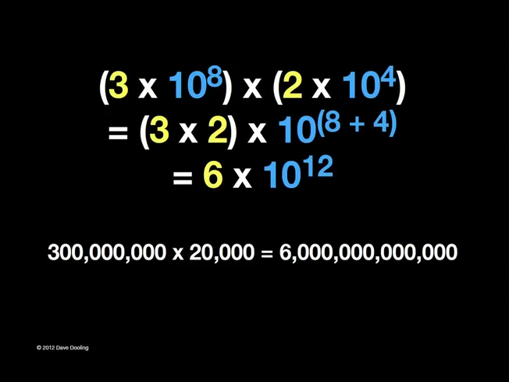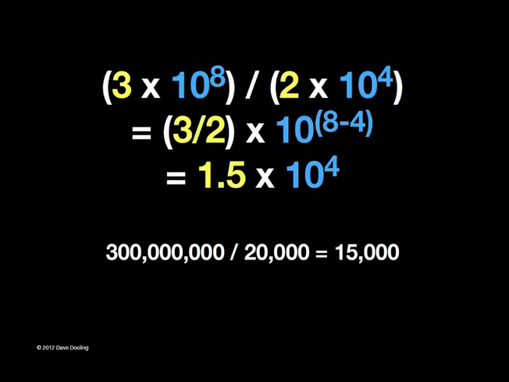You can multiply and divide with orders of magnitude, but there's a little bit of addition involved. So 3 times 10 to the 8 times 2 times 10 to the 4 becomes 3 times 2 multiplied by 10 to the 8 plus 4, or 6 times 10 to the 12. That is, you have multiplied 300 million times 20,000 and gotten 6 trillion.